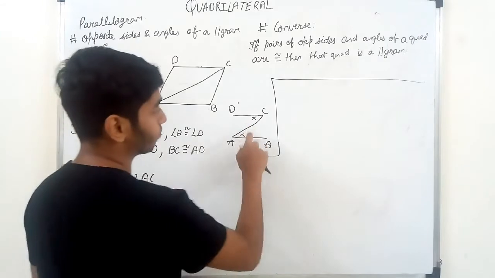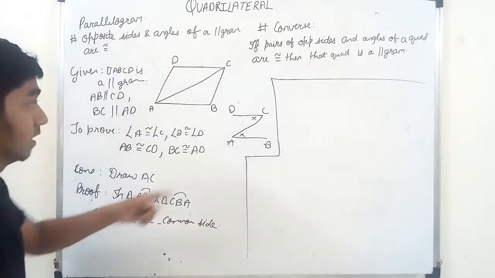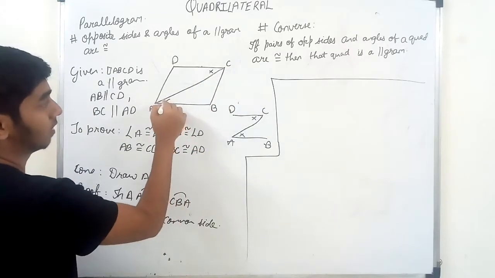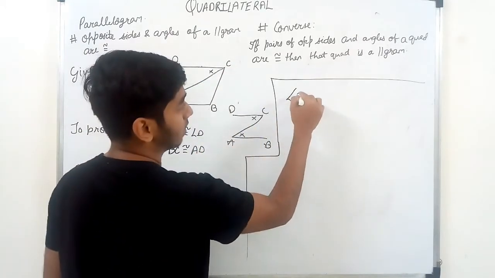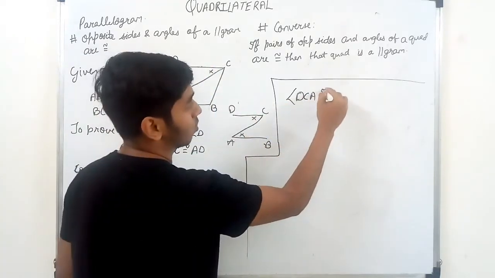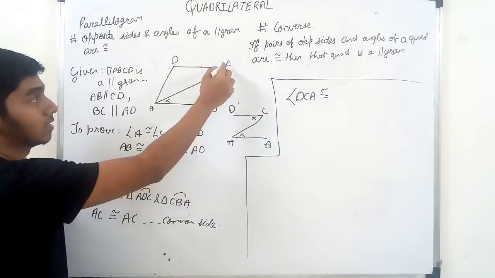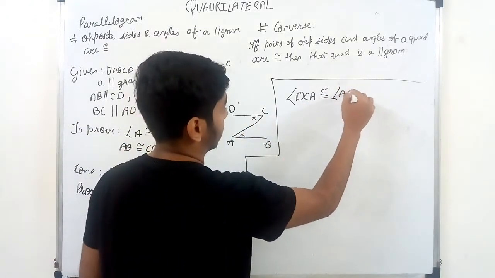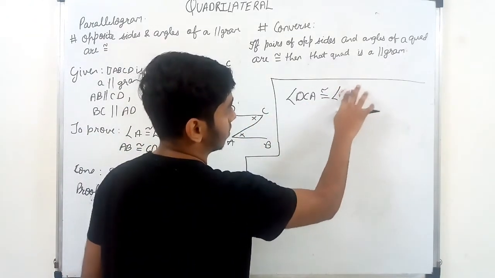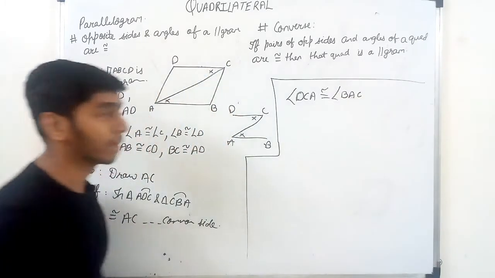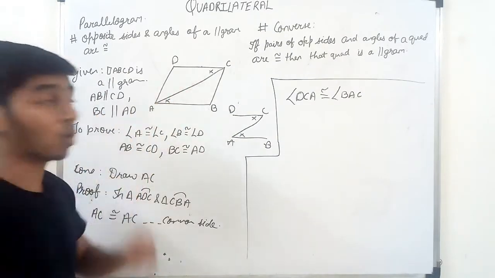So here angle DCA is congruent to angle CAB, or BAC. These two angles are congruent.